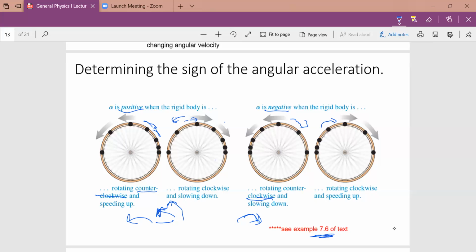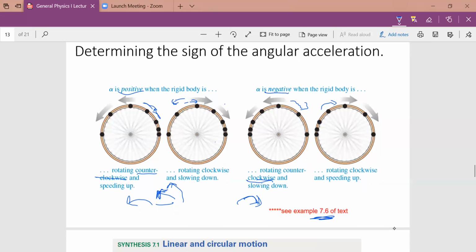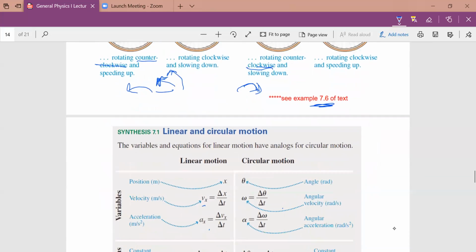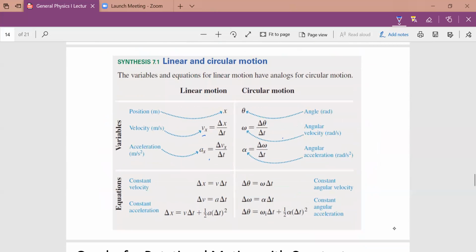So we'll look at example 7.6 to buttress that. Okay, so this sheet is simply the comparison of what we see in linear motion and how it relates to the circular motion.